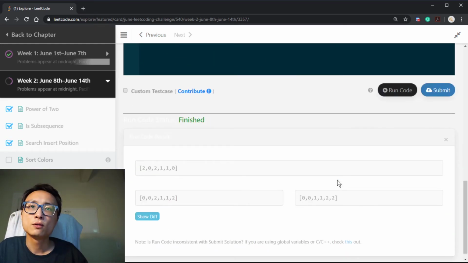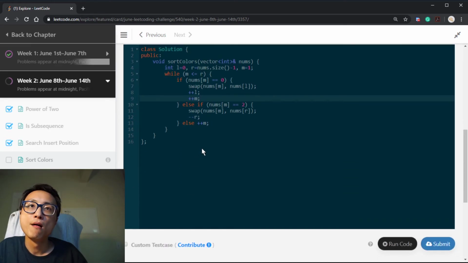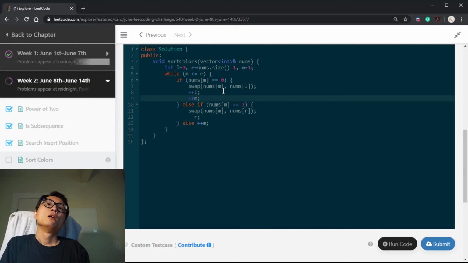So the only tricky part in the algorithm is this. Let's see if it works. No, we have a 2 here. What's the problem? Oh, okay.